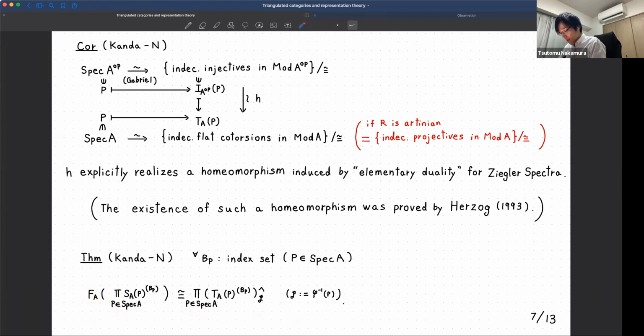In fact, according to the definition of TAP, there is a map from here to here, and the map induces the flat cover.